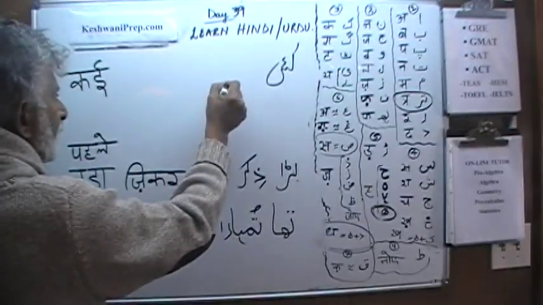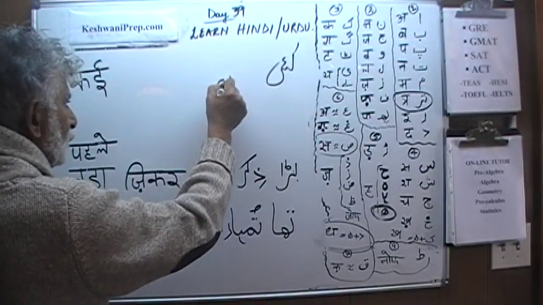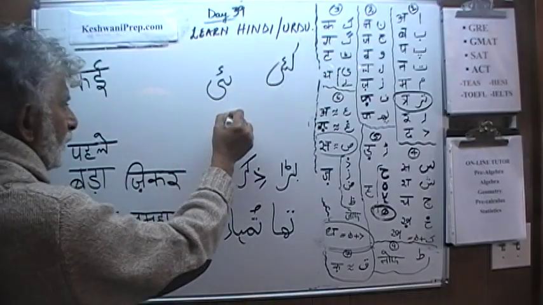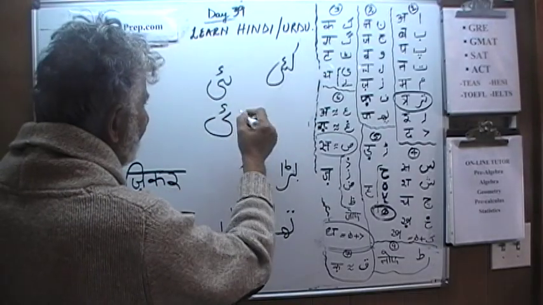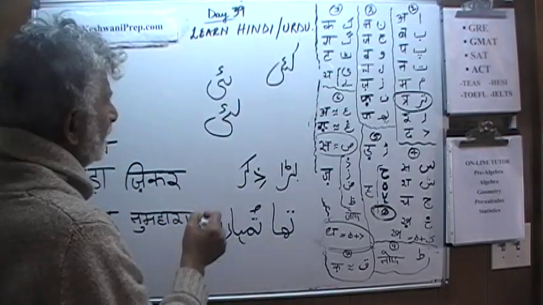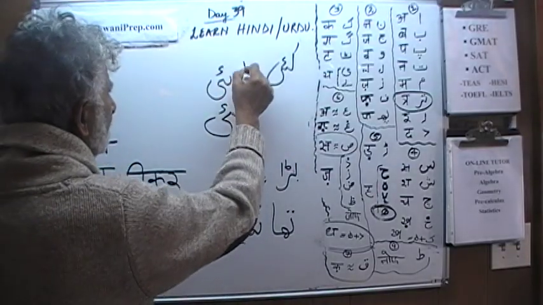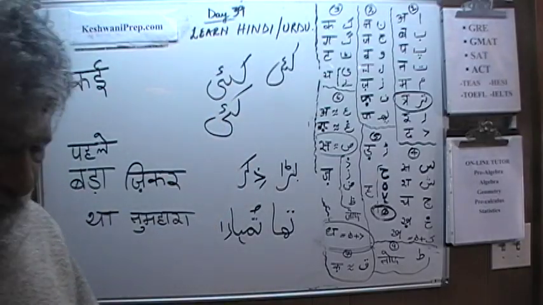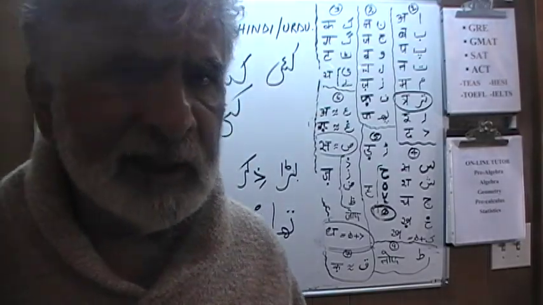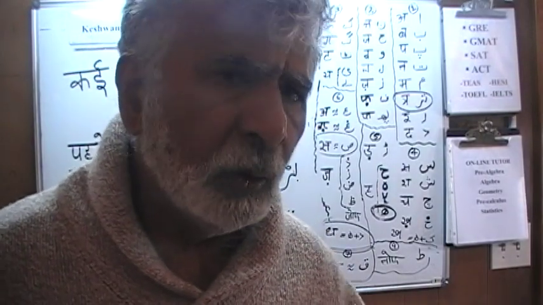So as I said before, you can write E as, you can make a loop and a choti E like this, or you can do it like this. But when it's about to join the kaf, we can't do it. I suppose we could. But usually, I guess either one is fine. Kai. Kai means various, many. कई लोगों से बात हुई थी मेरी.